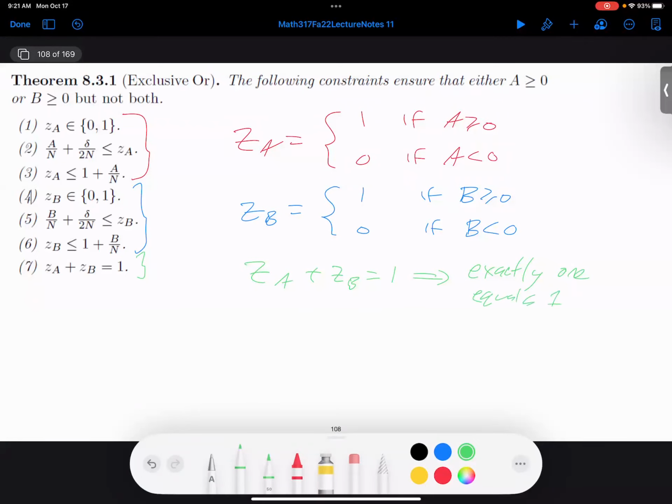So only one happens. What if I gave you ZA plus ZB, how might you do an inclusive OR? If I do that as greater than or equal to 1, then at least 1 happens, maybe both.